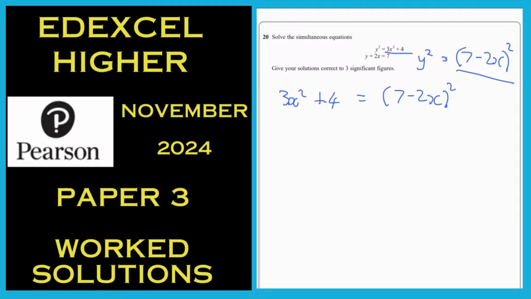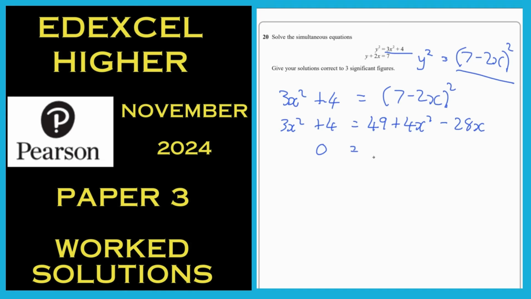And it now becomes an expand, collect like terms, get equal to 0, find your values for x. Let's square the right-hand side. Square the first, square the last, times the two together and double it, we're getting negative 28x. We now want it to be equal to 0.